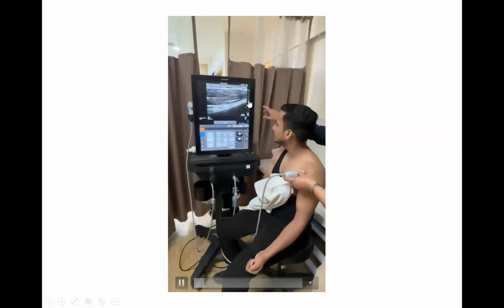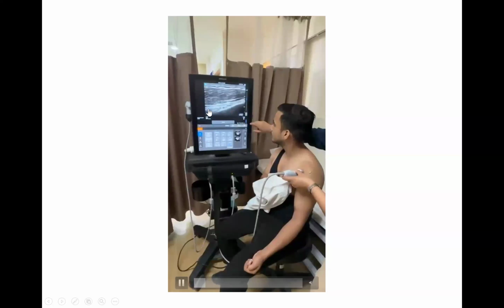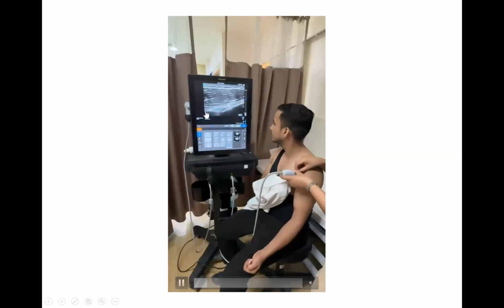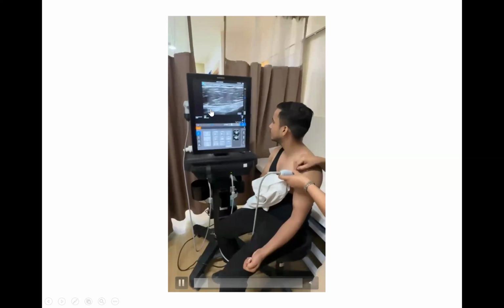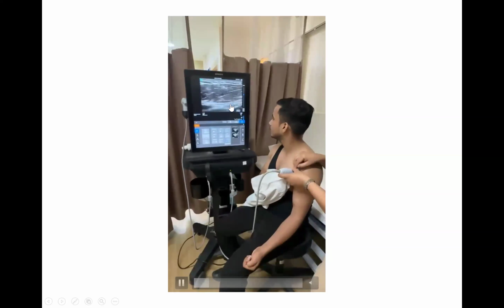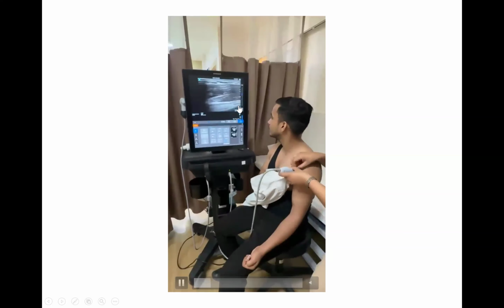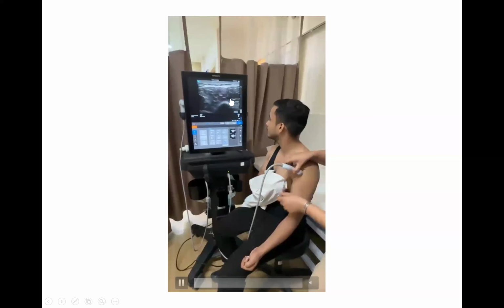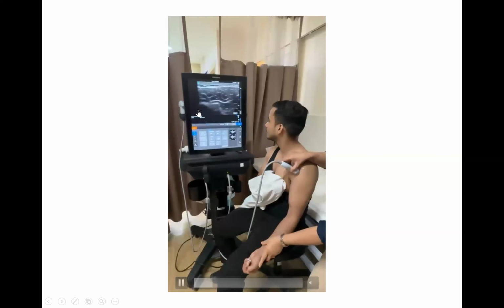See the biceps tendon till we are able to see the pec tendon in the long axis of the biceps tendon. We see till the pec tendon, because whenever there is a tear in the biceps tendon, it gets retracted till the level of the pec.